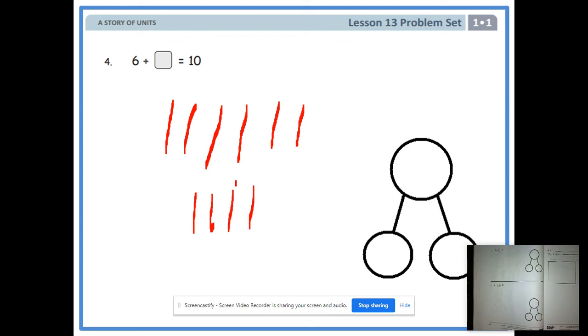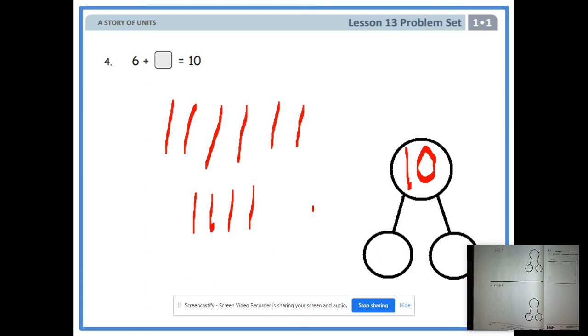So how many more sticks did I pick up, boys and girls? Get ready. 4, and that's our mystery number. So let's go ahead and fill in our number bond. Let's start with our total. What is our total? Get ready. 10, right? And you can see it here in the number sentence. So 10. And what are my parts?